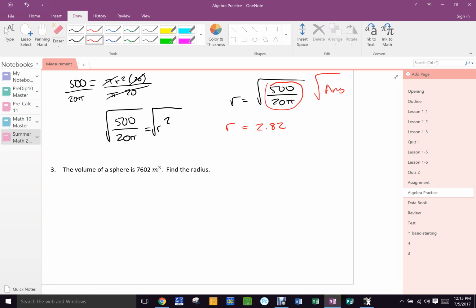It's the calculator, right? And that's not what's important to me. You can practice getting better on your calculator. But if you don't know the math to tell your calculator what to do, then your calculator is just a paperweight, right? So if you can get to here, then I'm happy.